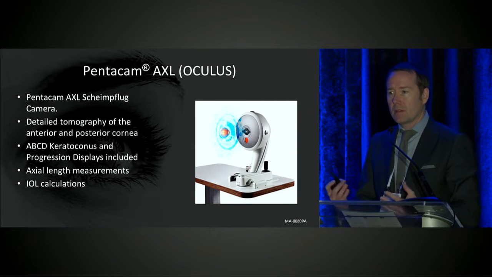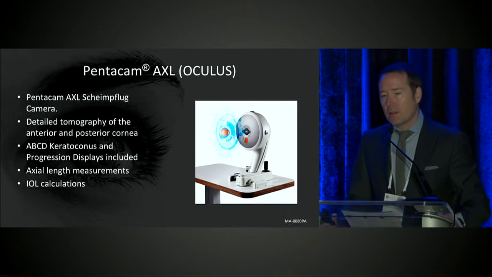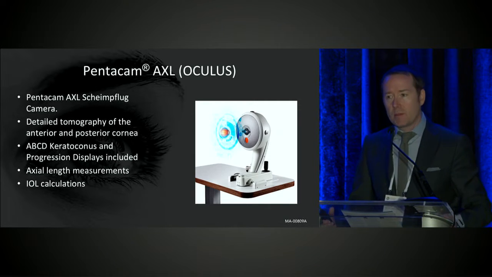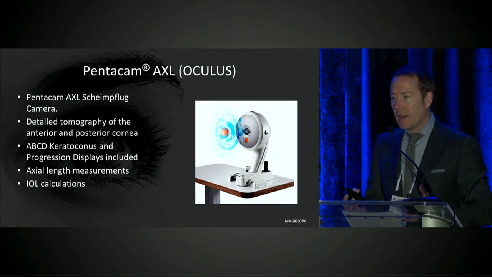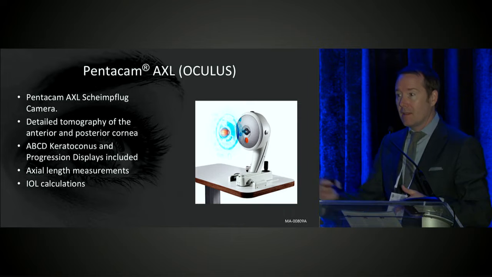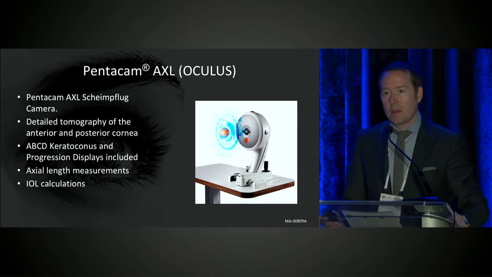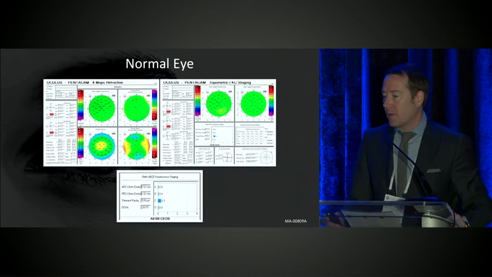We have also just recently validated this against optical biometry with other devices and found there to be no difference. This is all done in a single device and takes the keratometric information and the axial length information and then produces the results right on the spot for our IOL calculations.